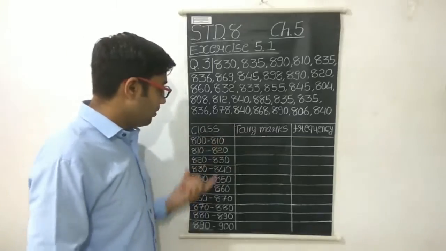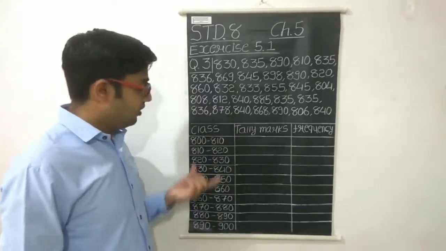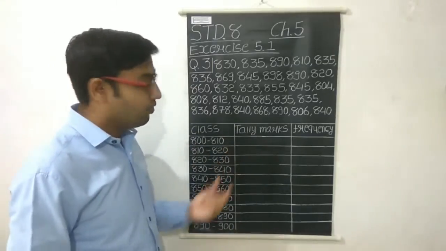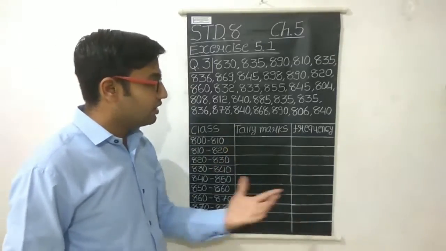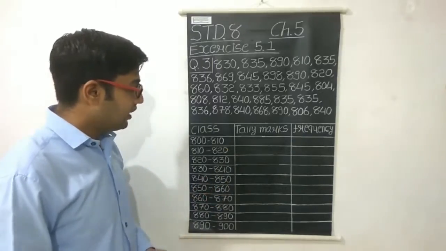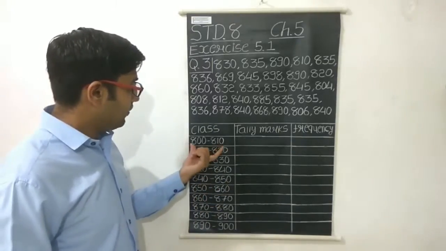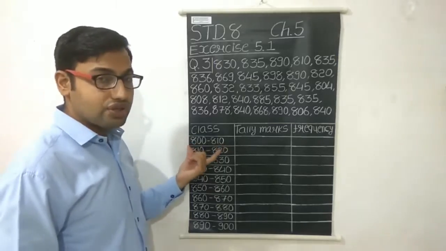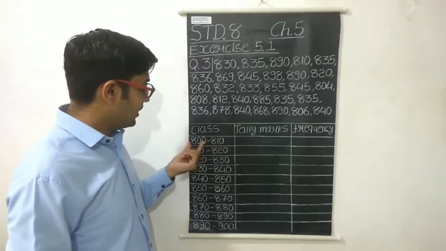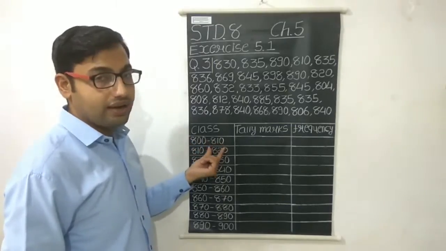So here the first column we have made as class. We can also say it is the group. The second column is of tally marks and the third one is the frequency. So we know now how we can do this. The first class, as said in the question, we have to take as 800 to 810.